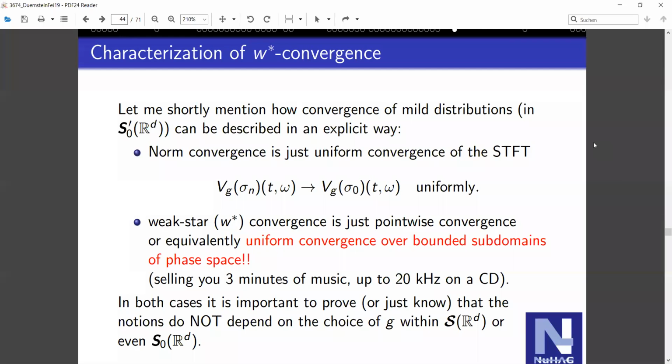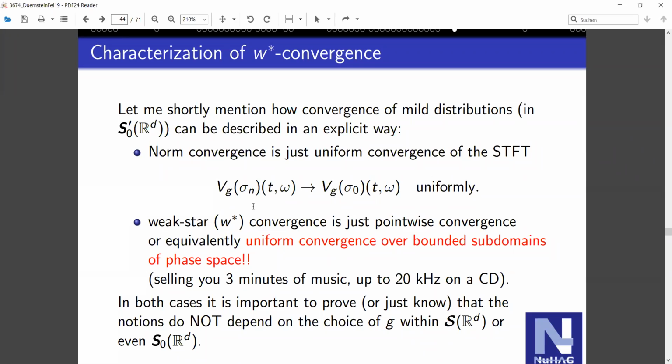But I prefer to assume boundedness first and then assume convergence only on a dense subspace. That's practically much better. So you test only, for example, on band-limited L1 functions, or on compactly supported elements of S0 or such a thing.